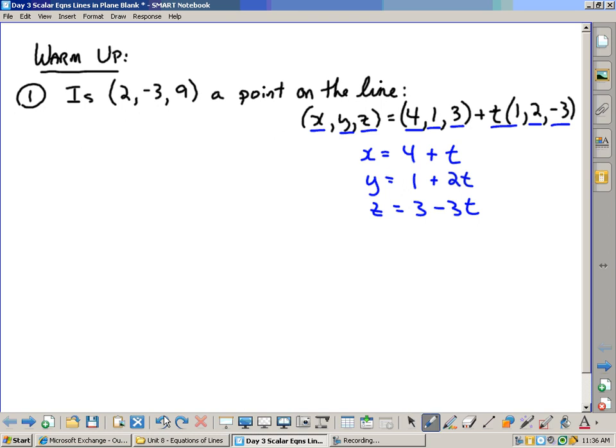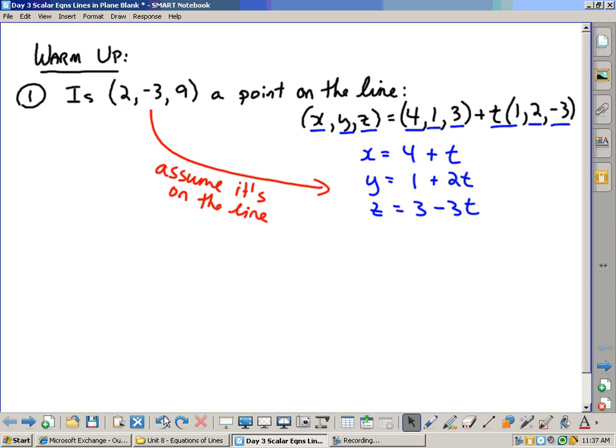So what I'm going to do is assume it's on the line. Remember, in order to be on the line, it must satisfy this equation, which means there must exist some t. We know it's not 1, we know it's not 0, but it could be a 3 or a 4, or it could even be a fraction. This is why it sometimes gets difficult.